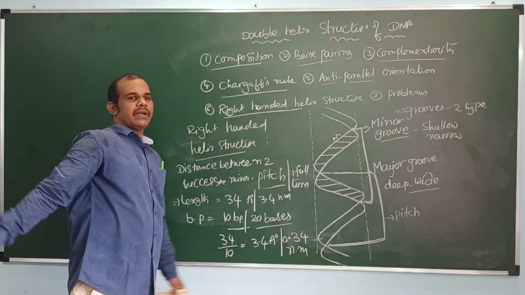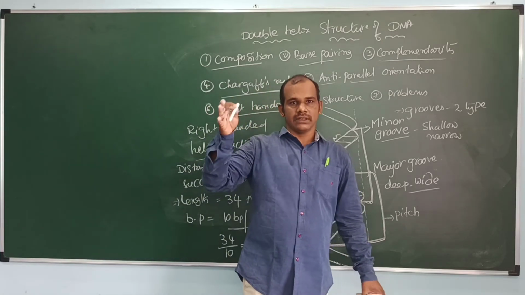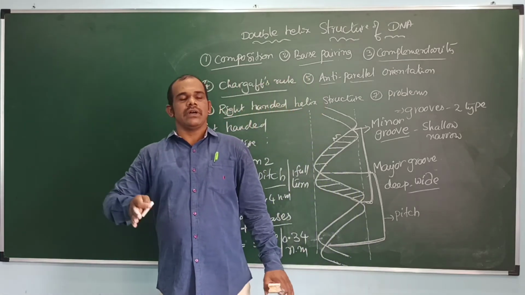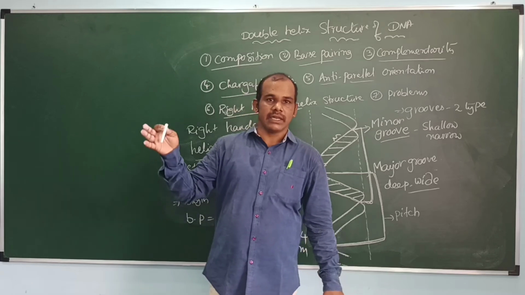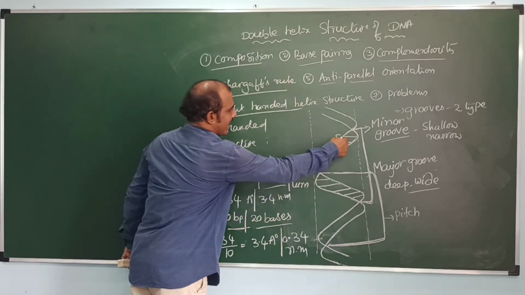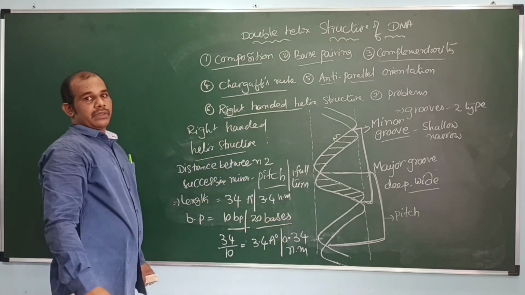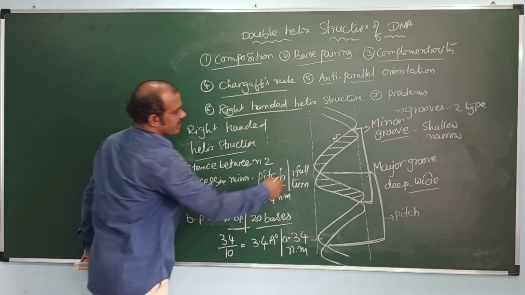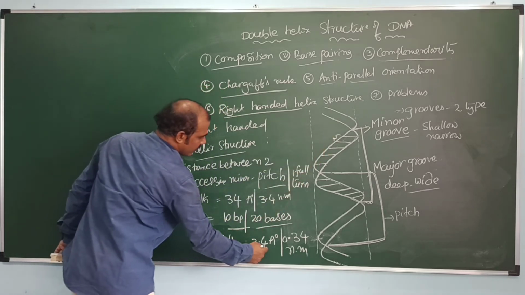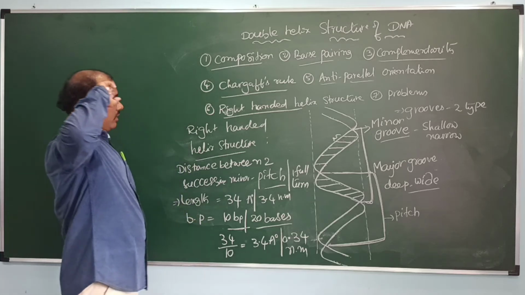So these are the measurements of one pitch. The length of one pitch is always 34 angstrom units or 3.4 nanometers, and one pitch has 10 base pairs or 20 bases. The distance between two successive base pairs is 3.4 angstrom units or 0.34 nanometers.